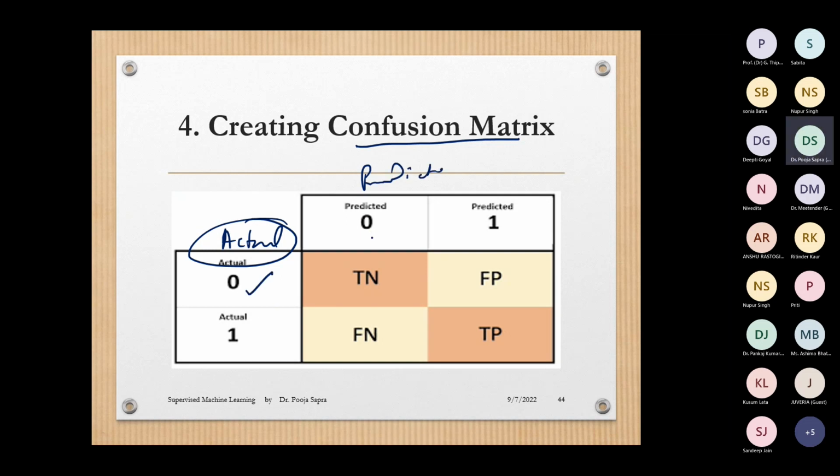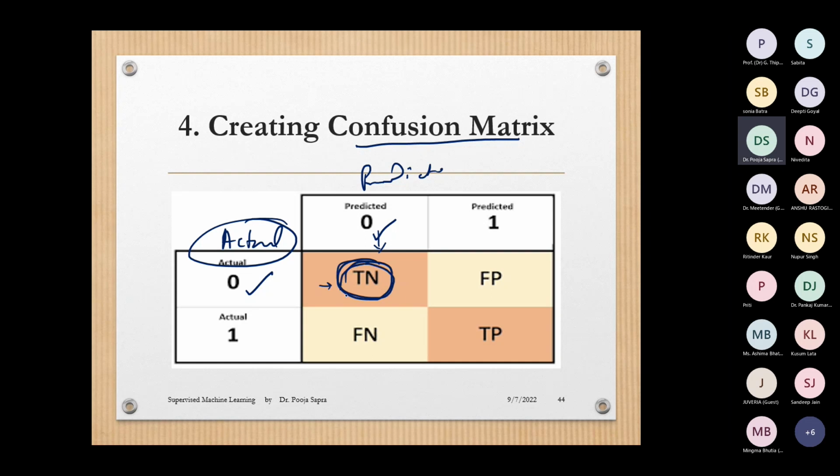When actual is 0 and predicted is 0, this is called a true negative. It means actual says there is no heart disease, and predicted also says there is no heart disease, right? Then it is called a true negative; both are negative, which means correct. True means correct.